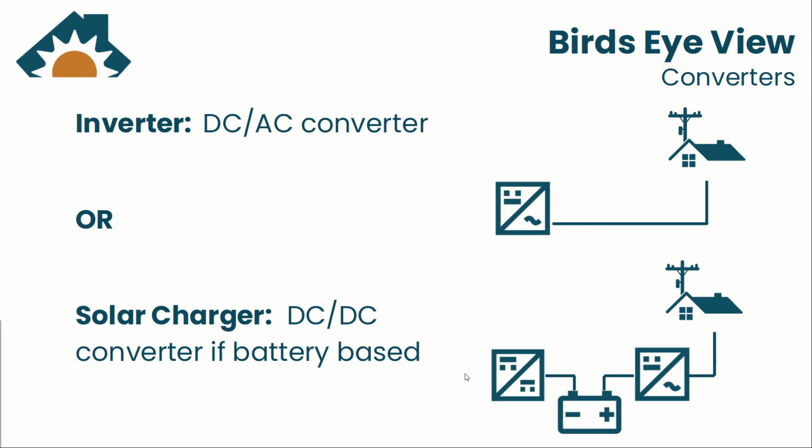On the second example, we have a battery-based system. So the PV power goes to your DC to DC converter, which is your solar charger. This steps down that DC voltage to your safe battery charging voltage. And then from there, you have your inverter that will pull that power from your batteries and serve the household loads.